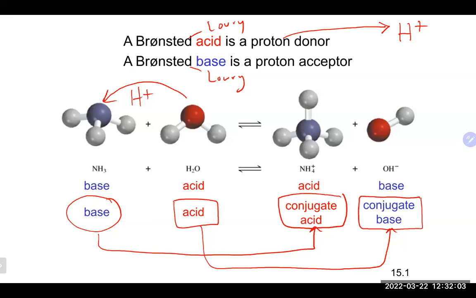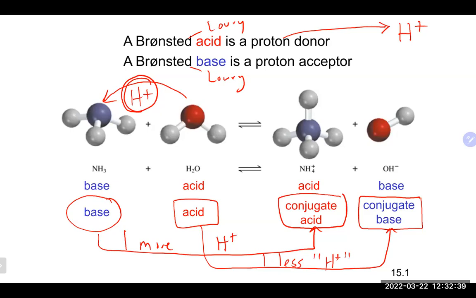The important relationship between those two things: the only difference that happened in this case is water donated only 1 H+. So the relationship between the base and its conjugate acid is it will have 1 more H+ as it goes across the arrow. And the relationship between the acid and its conjugate base is it will have 1 less H+ as it goes across the arrow. So that's a really important definition.